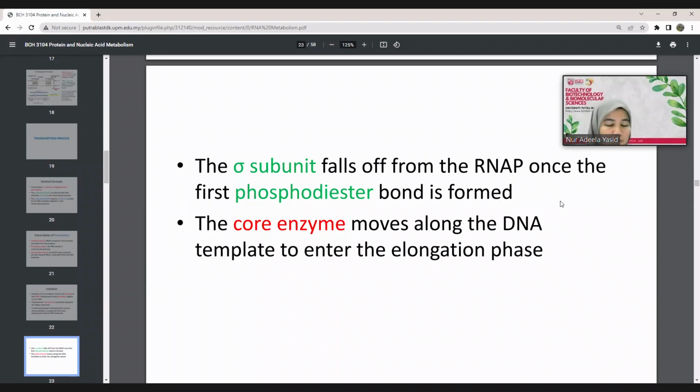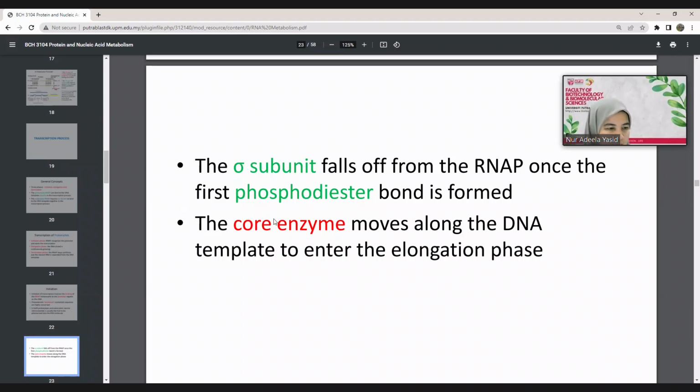This is where the first phosphodiester bond is formed. Then the core enzyme will move along the DNA template to enter the elongation phase.